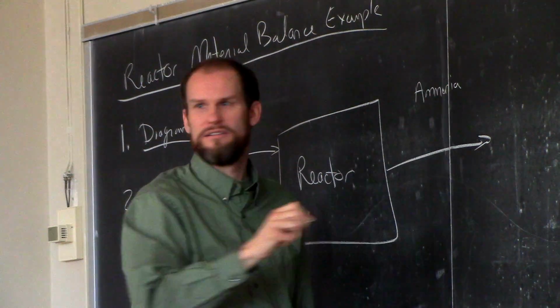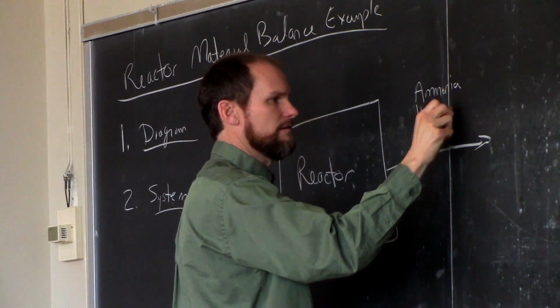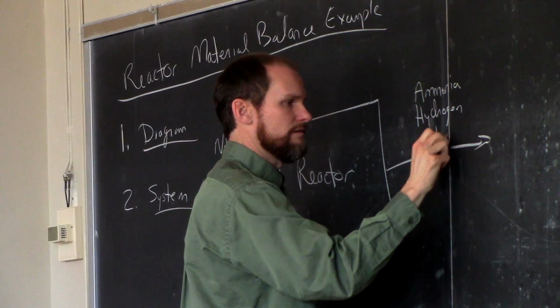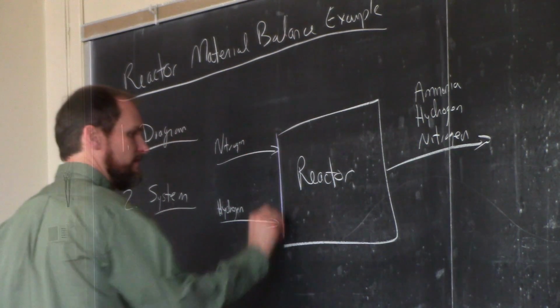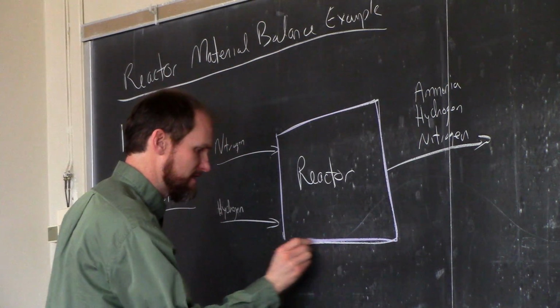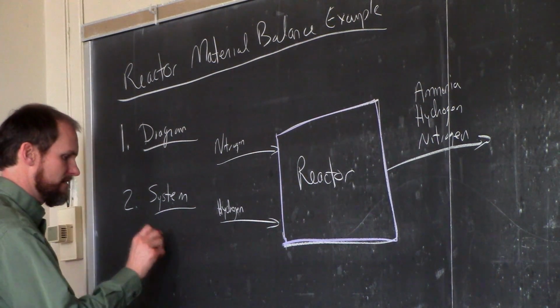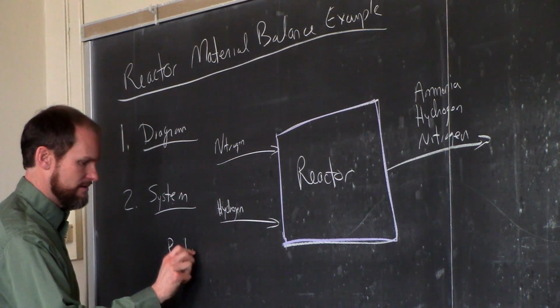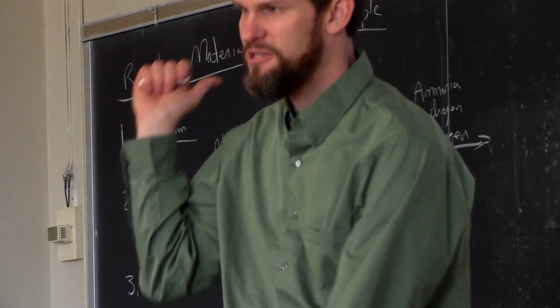Hydrogen and nitrogen and ammonia. Great. What's the system? Yeah, this step seems dumb right now, but it's really important later when we won't think this. The system's the reactor. There's our diagram. The system is the reactor. Great. Let's go to step 3. Any questions about this?